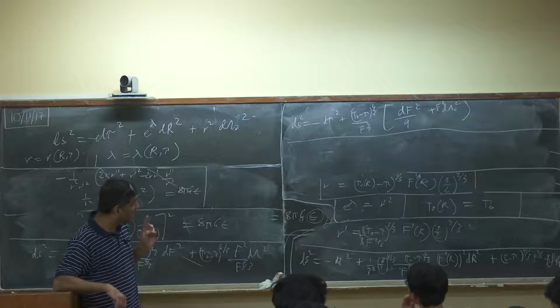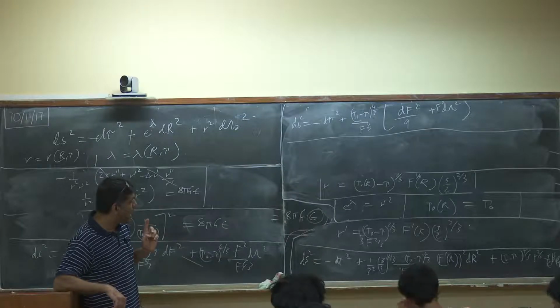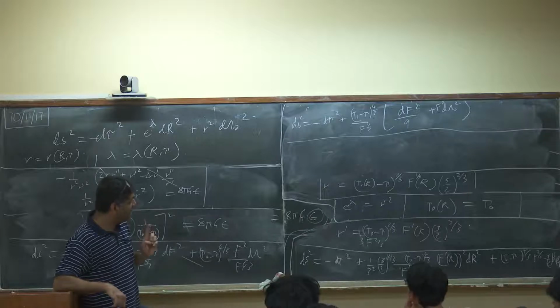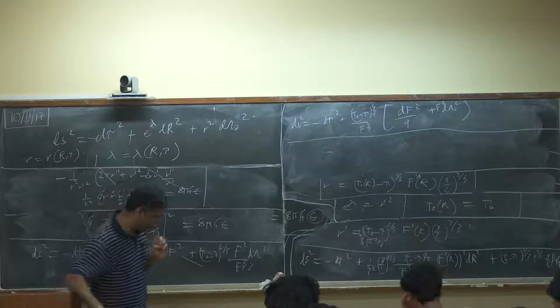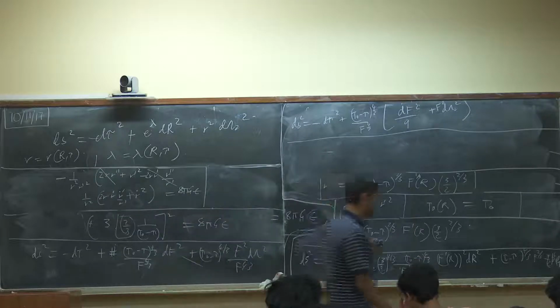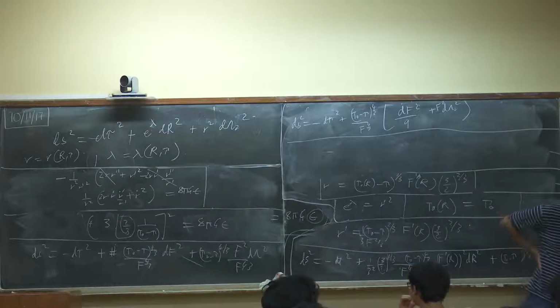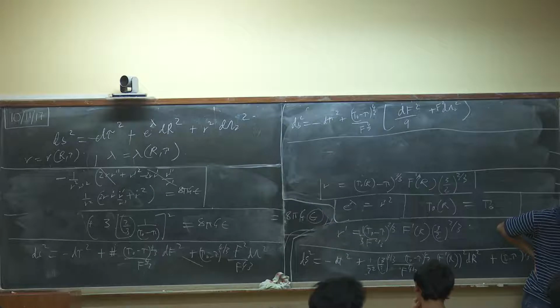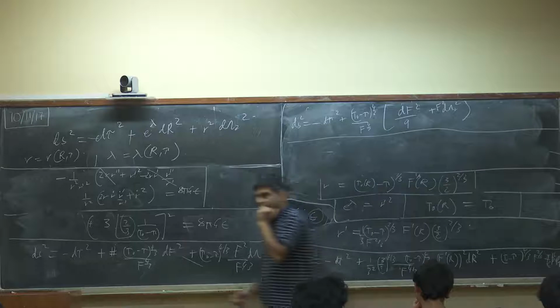I think, yeah, let me think just a minute. You're asking physically what did we do by setting little f equal to 0. I think that we narrowed in on a one parameter set of solutions rather than two parameter.